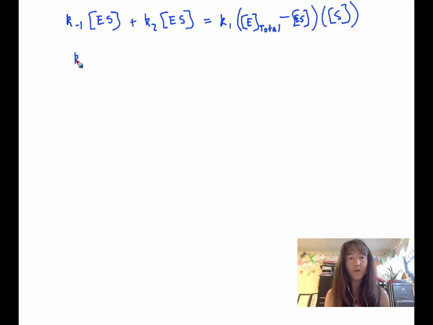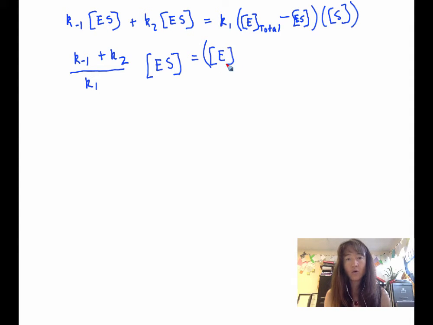So let's group these k minus 1, k2, just pulling those out and dividing through by k1, and then getting this compilation of a rate constant times enzyme substrate is going to be equal to the expression E total minus enzyme substrate times substrate. And not a lot has changed there except that we grouped the rate constants.